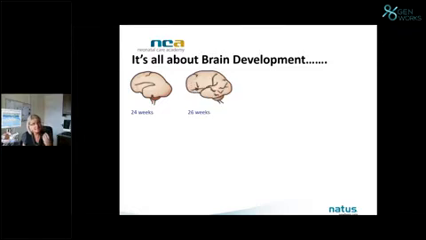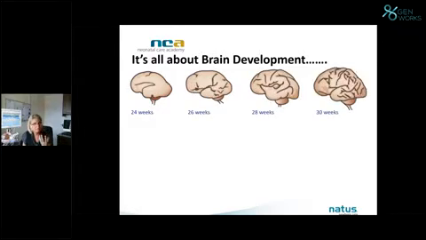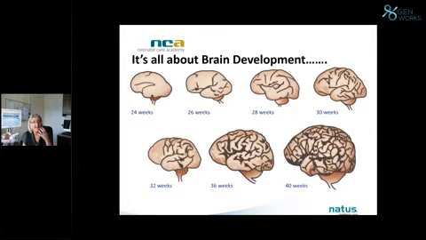And as this baby develops, so the brain grows and folds and develops structurally until we get to the brain that we expect the baby to be born with at 40 weeks gestation. So you can see graphically here, there's a lot of very complex things going on with this brain throughout pregnancy.